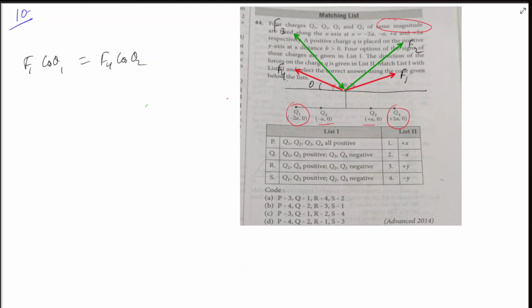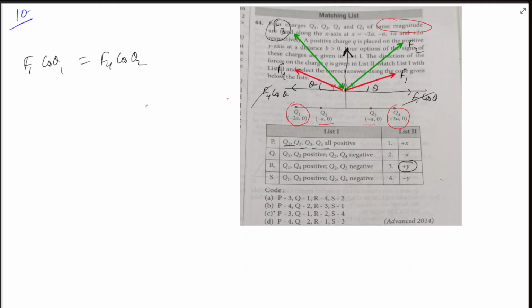This is theta, this is also theta. And F1 and F4 are equal, so it will get cancelled out. Similarly for F2 and F3, the horizontal components will again cancel out. So what net force will be there? It will be in the upward direction. So for Q1, Q2, Q3 and Q4, the force is in the plus y direction.